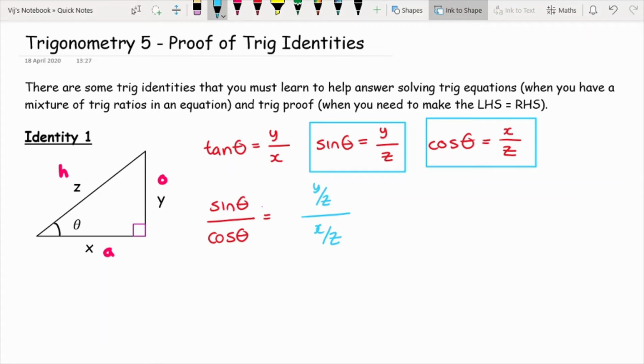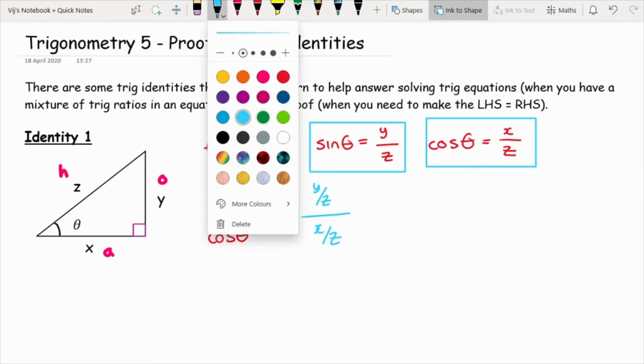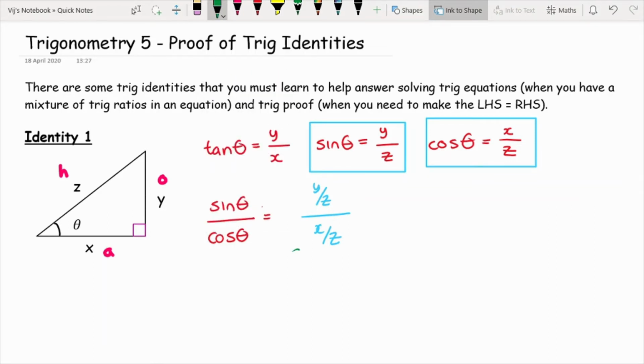To simplify this, this is y over z divided by x over z, and if you remember the rules of dividing with fractions, we flip the second fraction and it turns into a times.